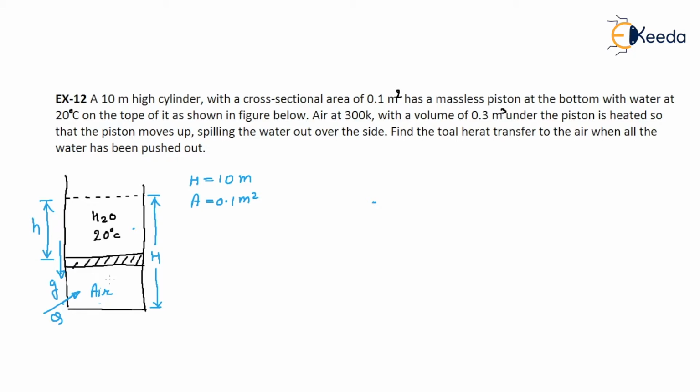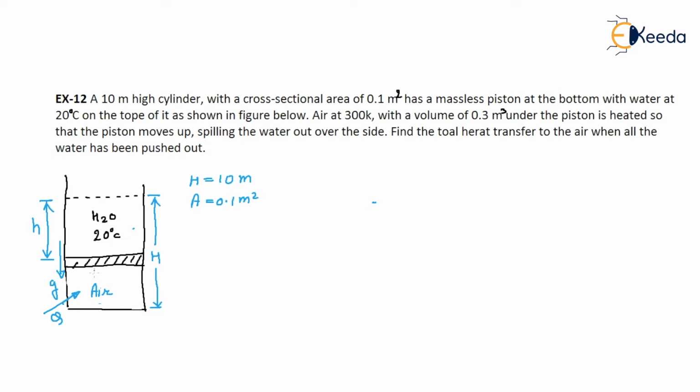When we take water as a system, as the piston moves the water continuously spills out, so its mass will vary. So water cannot be taken as a closed system.